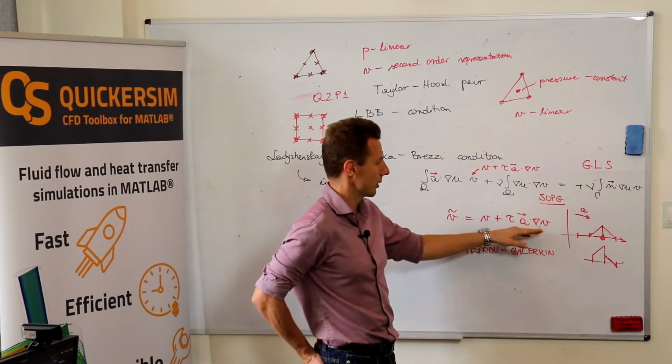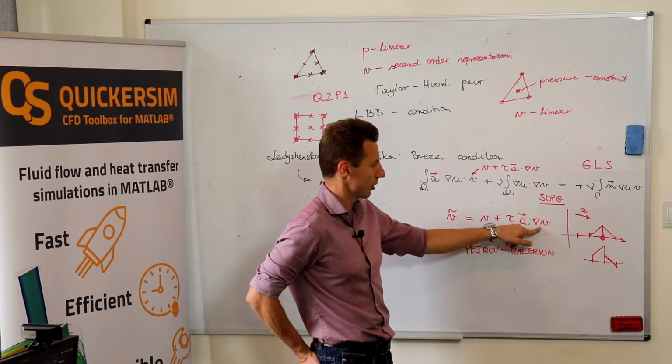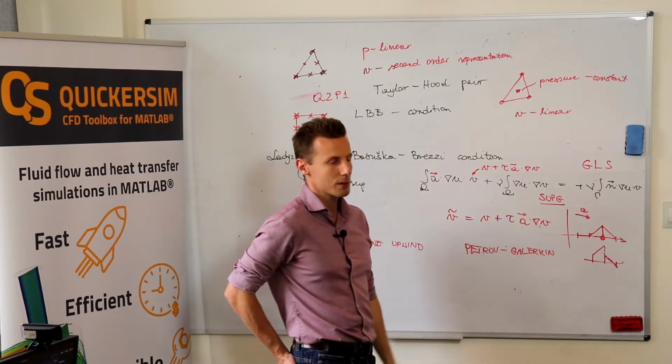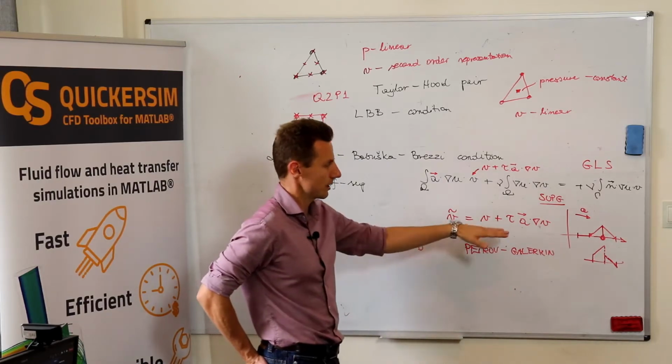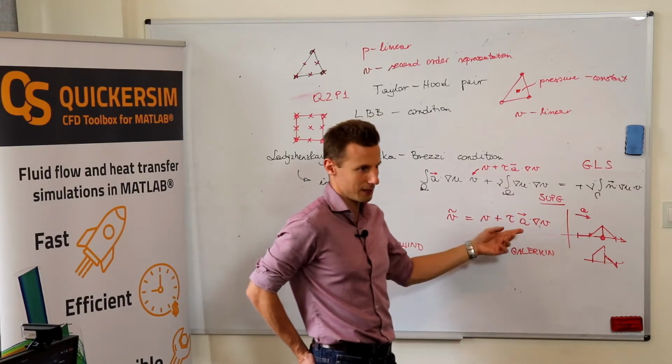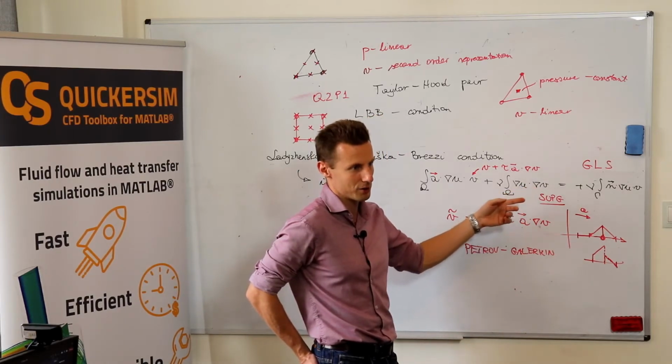Differentiated, it's nothing. So for linear elements, that's true. It simply vanishes. But if you work with second-order elements, it does not vanish.